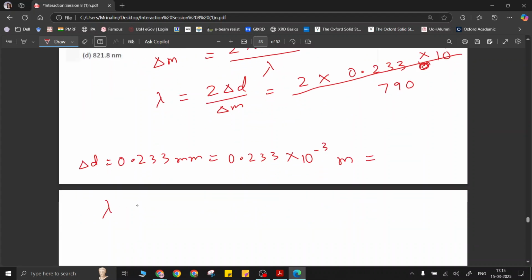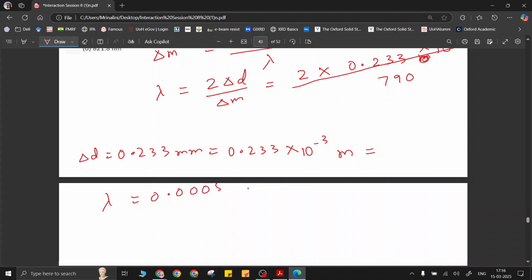So lambda will be, let me calculate, 2 times 0.233, divided by 790, that is 0.0005899 times 10 to the power minus 3 meters.